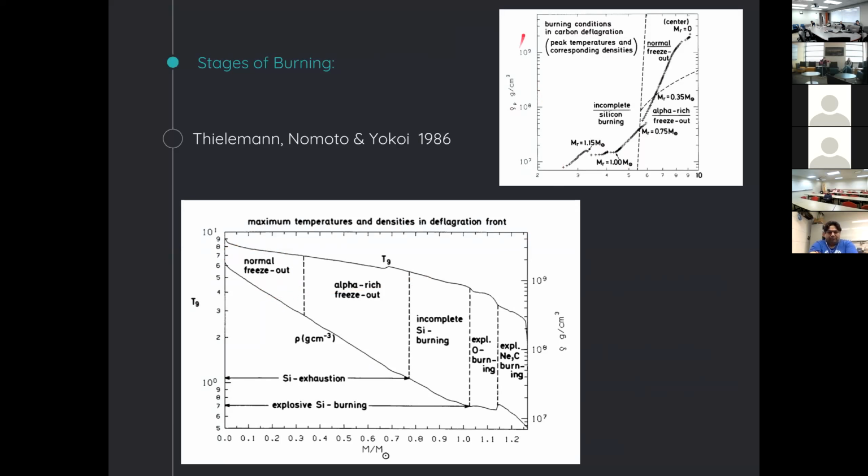And also up here, just to reinforce that, this is a second plot from the same paper that shows you density on the y-axis and temperature on the x, and it shows you the different regions under which alpha-rich freeze-out, incomplete silicon burning, and so forth occur. And so we can see that different phase spaces in the type 1A supernova, depending on their peak temperature and peak density, will produce different burning regions.